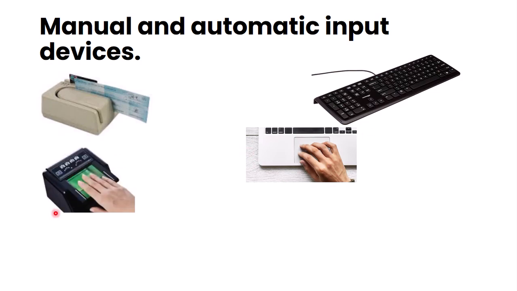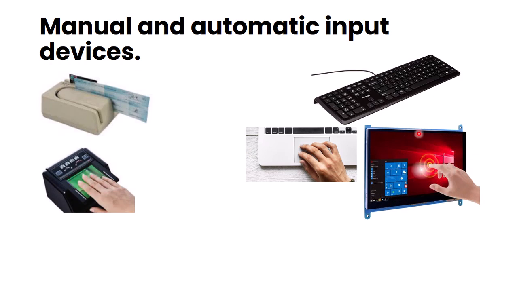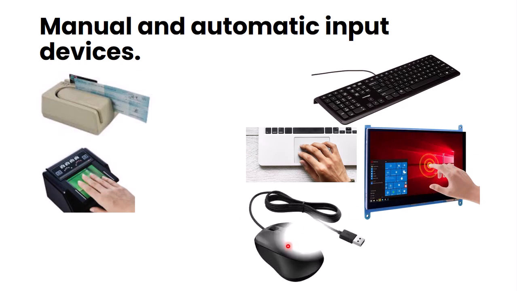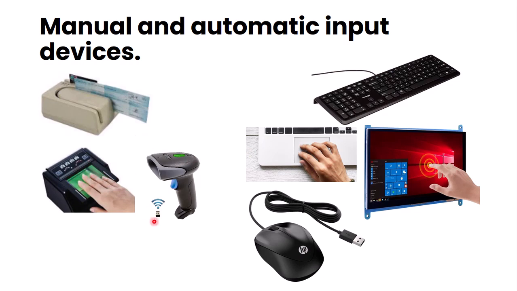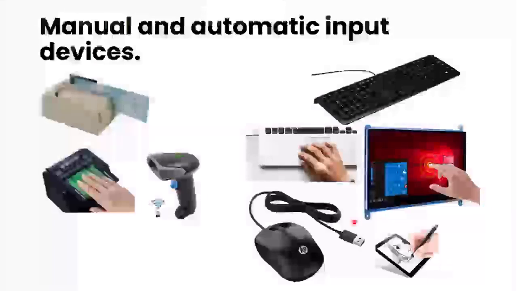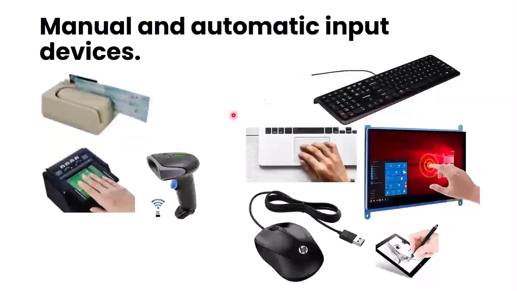This is automatic. What of this? This is manual. What of this? The mouse. It's also manual. What of this? This is automatic. This is also manual. Okay. So let me go back to the previous slide. All the devices that you have here are automatic, and all those that you have here are manual.